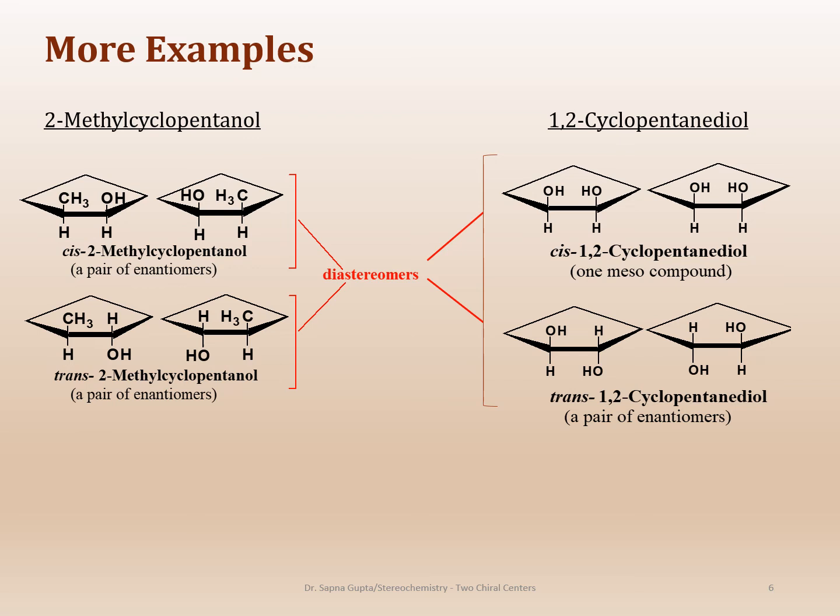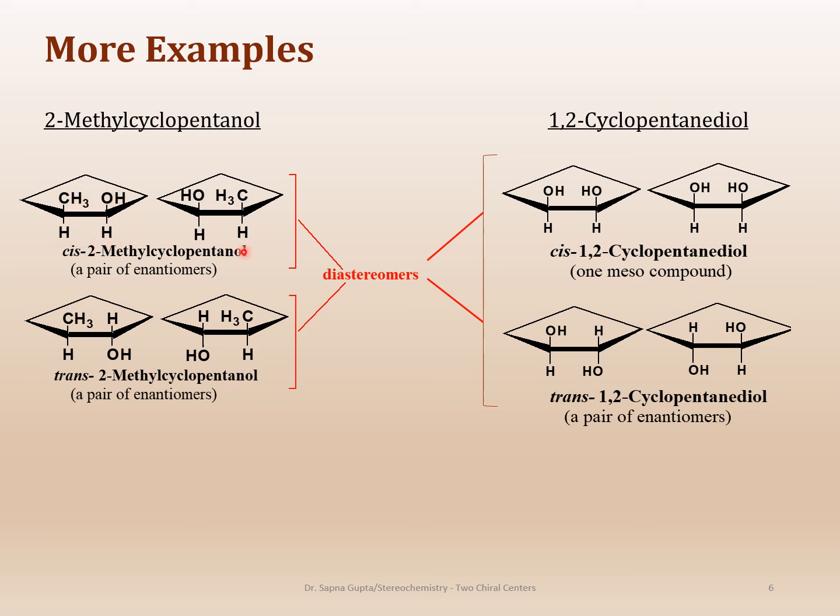Here are some examples of diastereomers, and in this case we actually have rings also, okay, because so far we have not really quite worked with rings. So here we have 2-methylcyclopentanol, which means that there's an alcohol group and there's a CH3 group, okay. And in case of the CH3 and the OH, you can have two relationships because they have two H's.